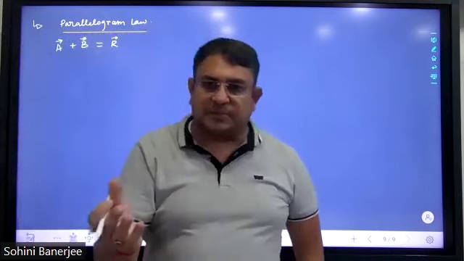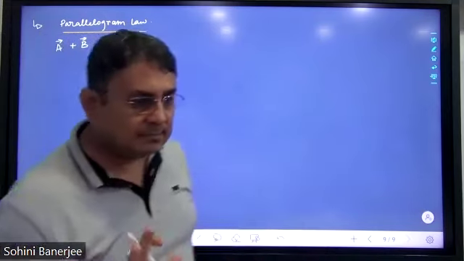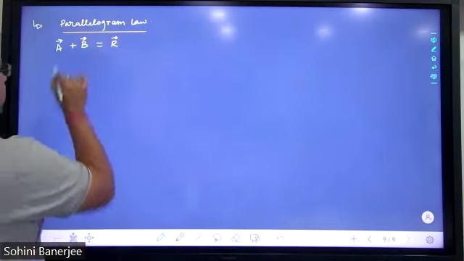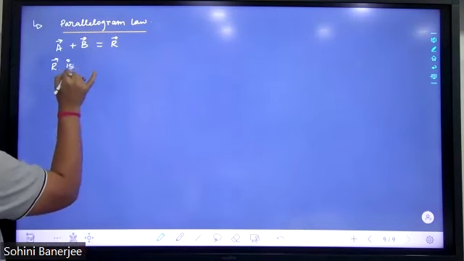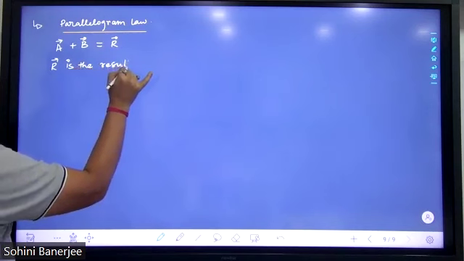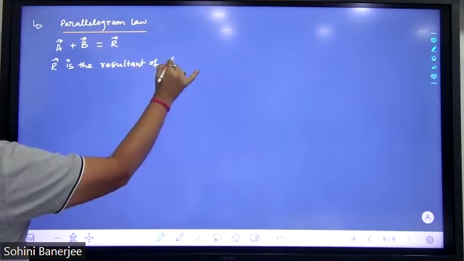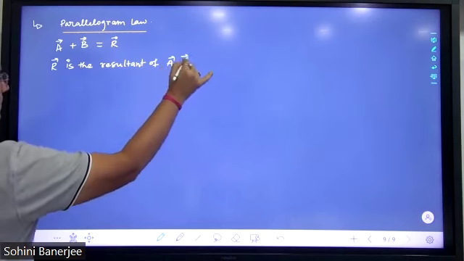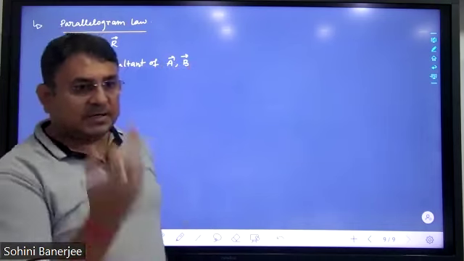So adding two vectors we receive a single vector. We term it as resultant vector. This R is the resultant of A and B. R vector is the resultant of A and B. You are adding A and B, you are getting the resultant R.